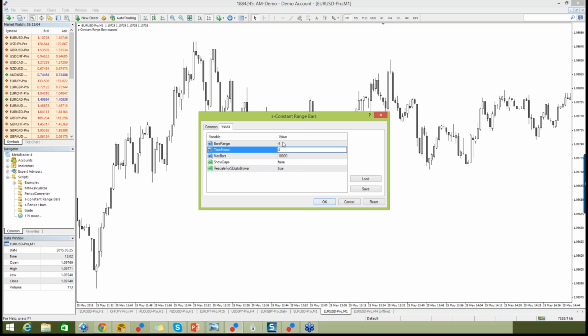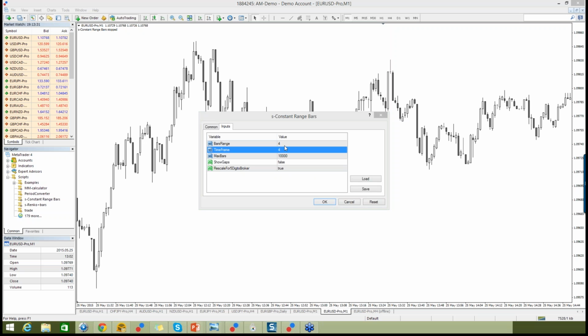Pay attention to what I do now. This should be left as it is: show gaps false, rescale for 5-digit broker true. Then after you finish with this, you press OK. If you want to put 10 bars range, then you put time frame of 10, because it's easier for you to find.